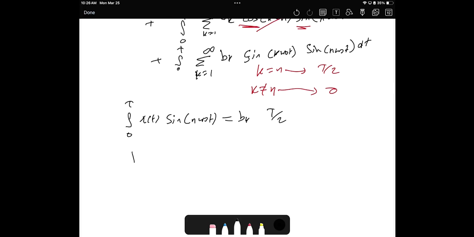As a result, b sub n equals 2 over T, the integral from 0 to T of x(t) sine n omega naught t dt. That's how we calculate b.